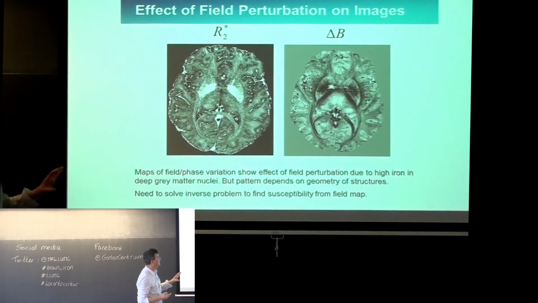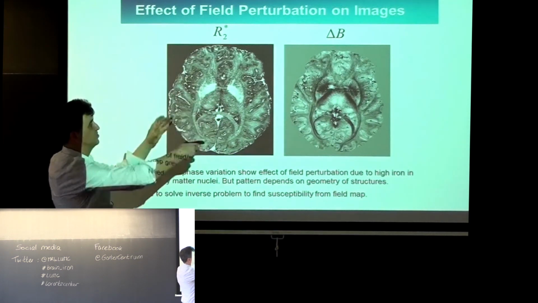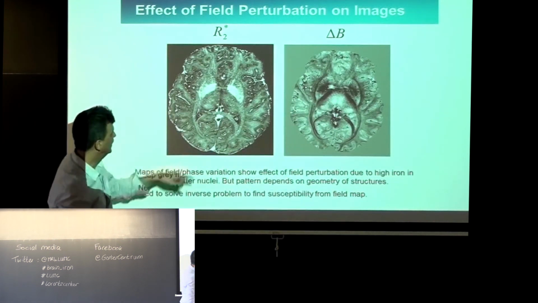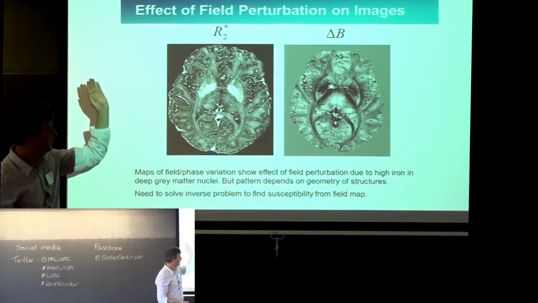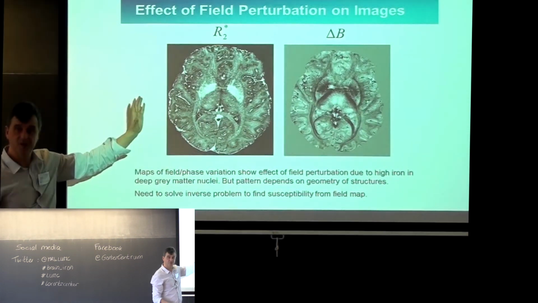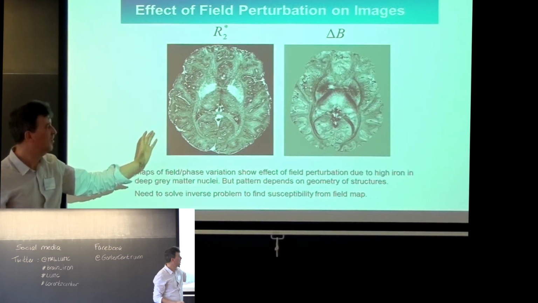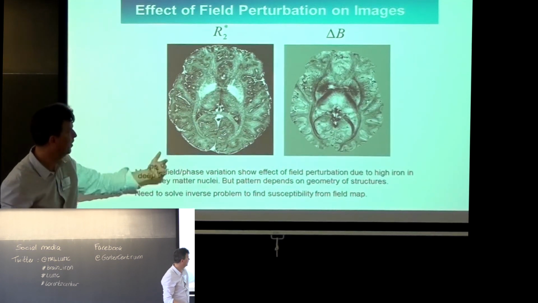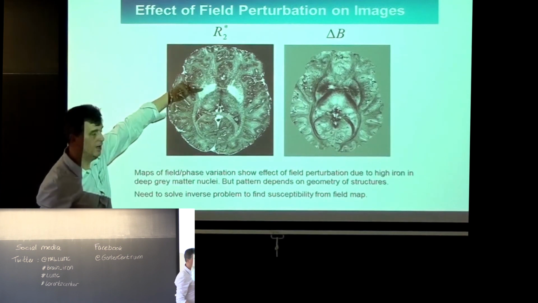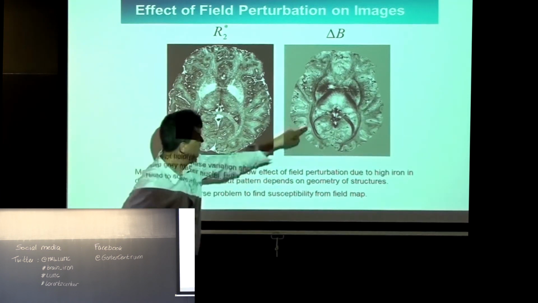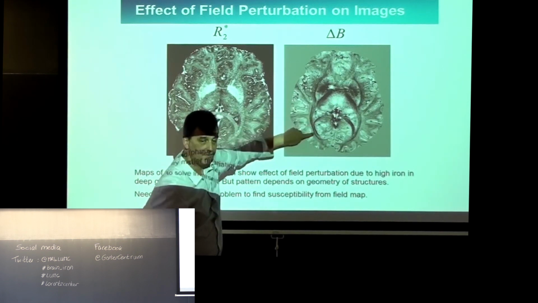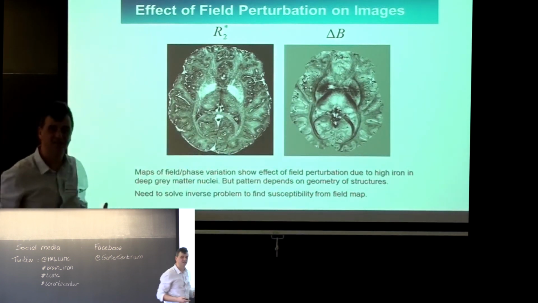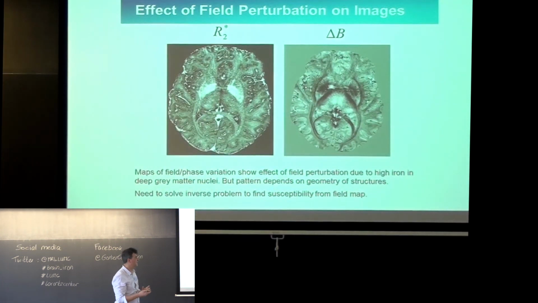More fundamentally, we can look at those field variations not just around a venule, but in the whole brain. We can look at the decay rate of the signal in the whole brain, and it reveals things which tell us about the magnetic effects of myelin in the tracts, increasing the relaxation rate, iron in the deep grey nuclei, increasing the relaxation rate, myelin reducing the average magnetic field, and not so obviously, on average, an increase in the magnetic field from the effect of iron in the deep grey matter.